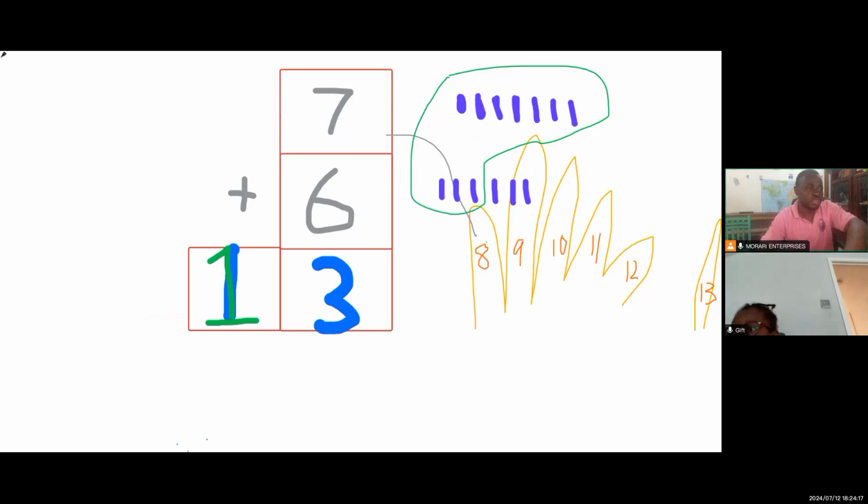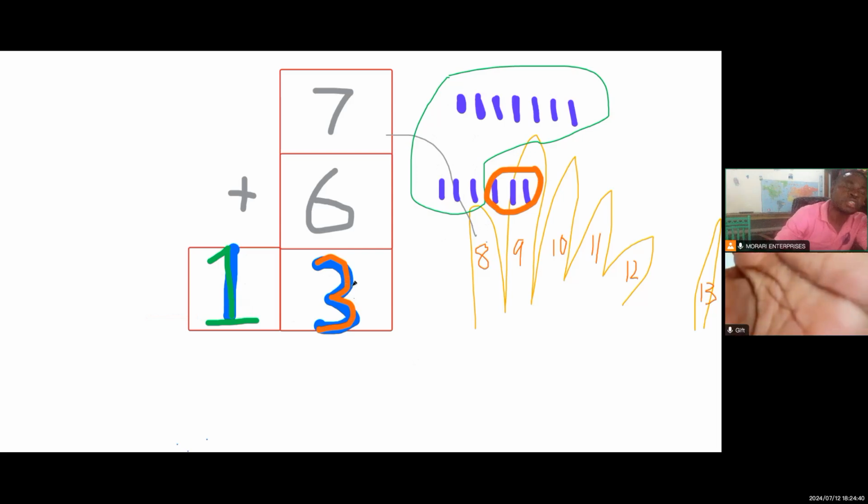We are left with 3 ones over here. 1, 2, 3. 3 ones. And those 3 ones, we write them under the ones place. So this 1 here is at the tens place. So the value of the 1 here is not just 1. It means 10 ones. And the value of the 3 here just means 3 ones. So altogether, we have 13 ones, or you can say 1 ten and 3 ones, or 10 ones and 3 ones.